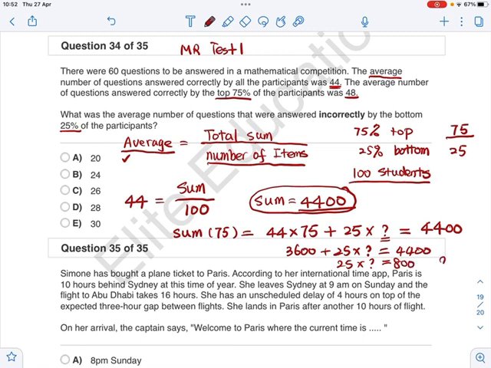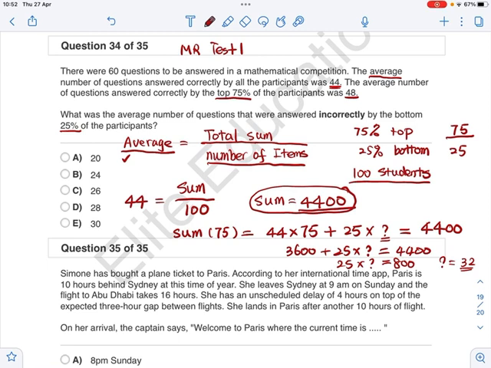The correct answers by the bottom 25 students should be 800 divided by 25. We can easily get the answer is 32. 32 is the number of correct answers that these 25 students got.